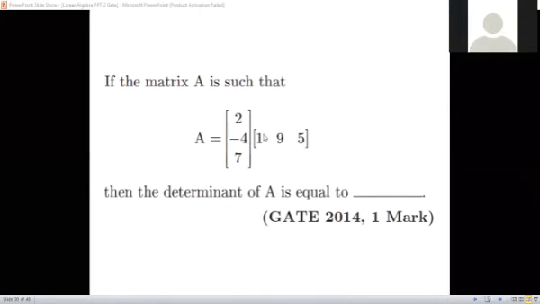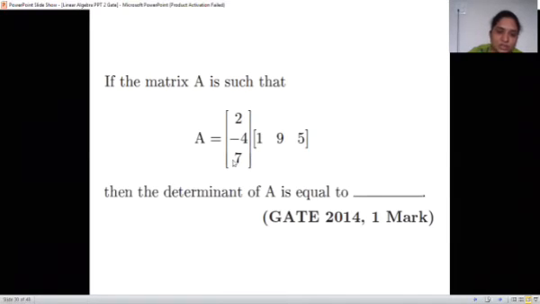So in this case, very good, it is possible to multiply. This is 3 by 1 and this is 1 by 3, so in between there is 1, 1, so it is a 3 by 3 matrix. Whatever you get will be a 3 by 3 matrix.